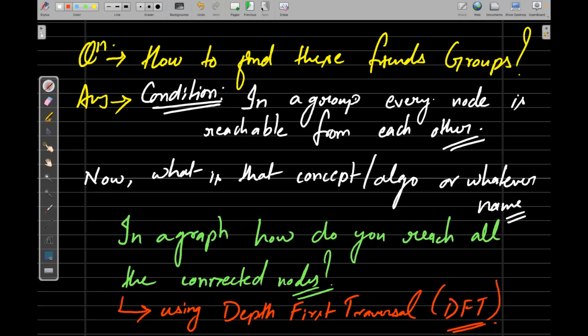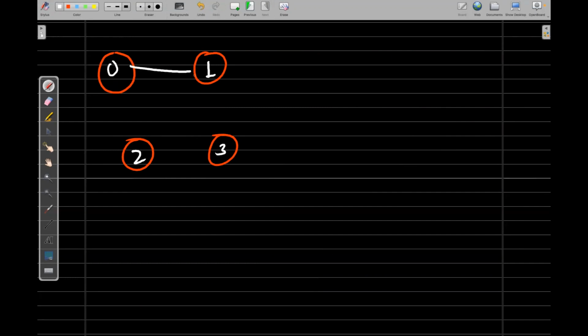I'll show you how. Let's go with the previous diagram of question 1: 4 nodes, 0, 1, 2, and 3. 0 and 1, and 1 and 2 were connected with each other.